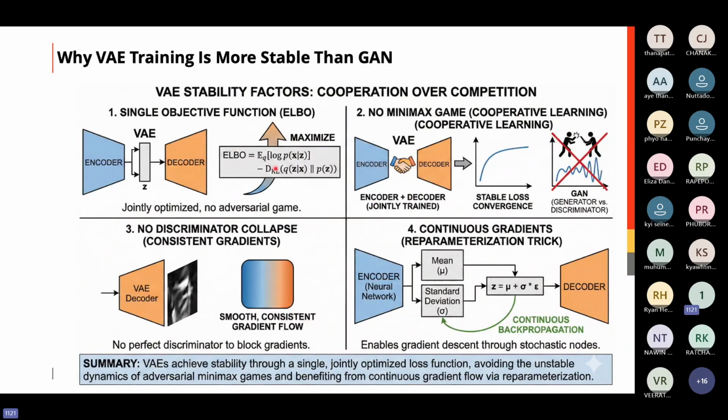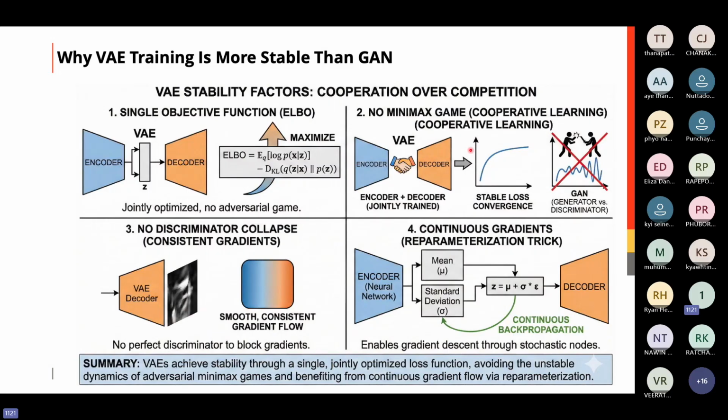But probably divergence, not similarity. The other one would be that one. Okay, so you have only one objective function, and then you try to optimize everything together. Jointly optimized, no adversarial game, more stable. That's the first reason. The second reason is, again, the same thing: no minimax competition.